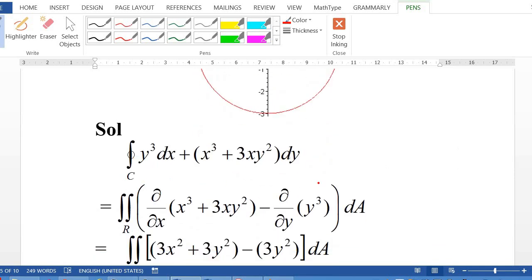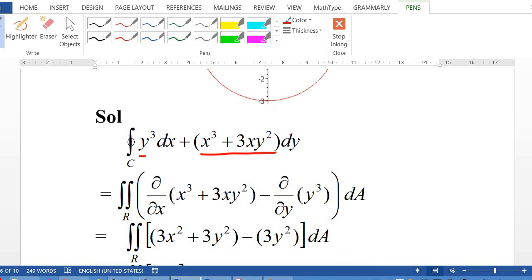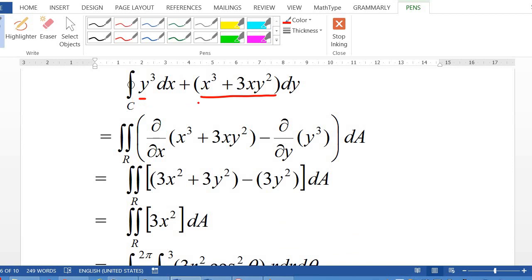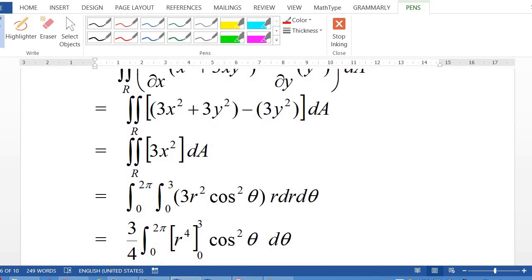Hence, using Green's theorem, this line integral will become the double integral of del x of the coefficient of dy minus del y of the coefficient of dx. Again, the same integral as example 1. So you get 3x squared dA over region R. Region R is circular, a circle with radius 3 units centered at the origin.